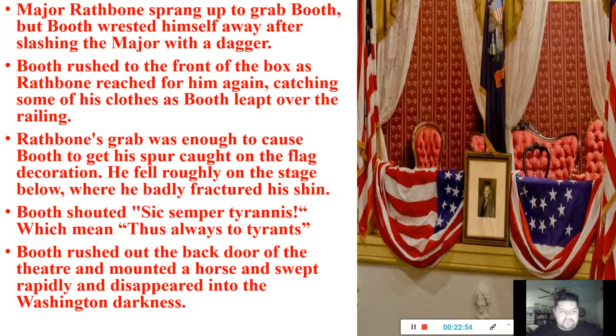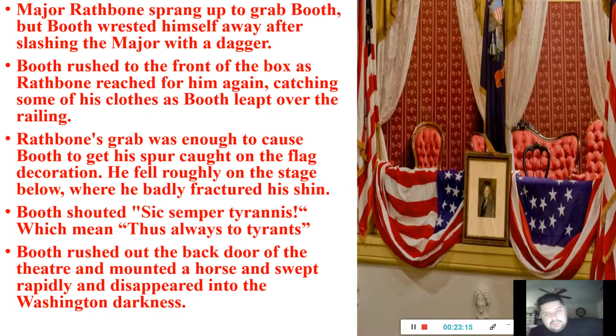And then Booth, seeing an opportunity to get away, jumps on the edge of the balcony right there where those flags are, and he lunges forward towards the stage. Right at that moment, Major Rathbone is able to grab him just a bit, where Booth's spurs catch the flag, and when he lands on the stage, he doesn't land flat.